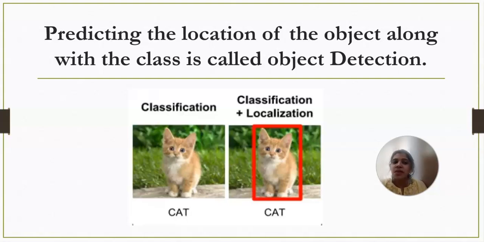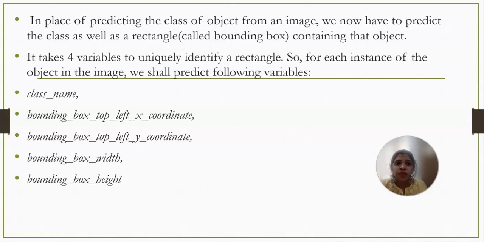In the first image it says that a cat is there in that image. But where is that cat? That means classification plus localization is called object detection. So what are the newly added arguments, or what are the things we need for this identification? Usually it takes 4 variables to identify the box.